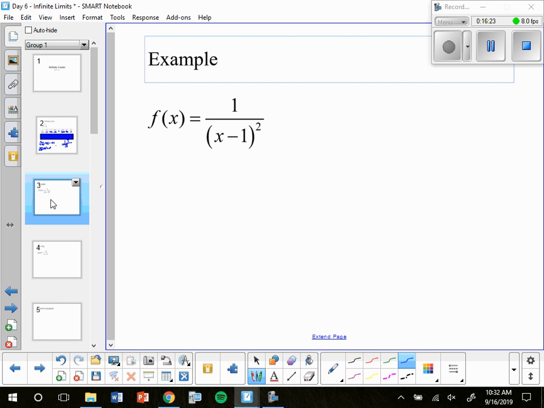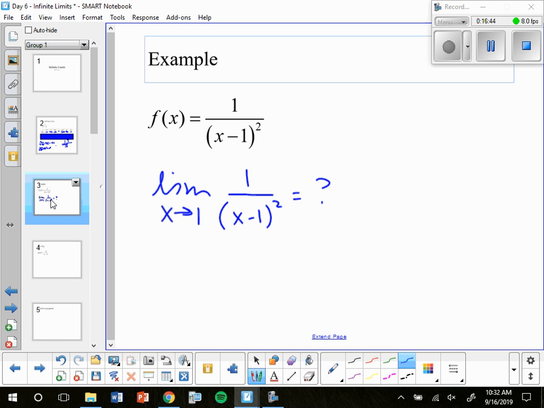If I use direct substitution, what do I get? 1 over 0. What is that? Undefined. And I'll tell you now that means it's either going to positive infinity or negative infinity.